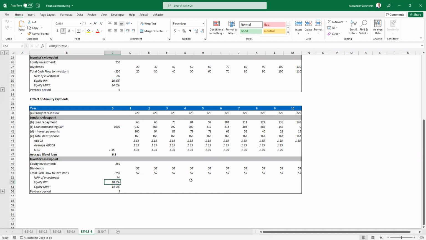However, the improvement in modified IRR is more limited, from 14.6 to 14.9. The payback period reduced significantly to within 4.5 years. So from 6 here, with rounding, it's 4.5.